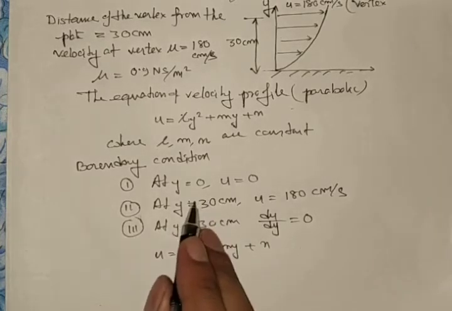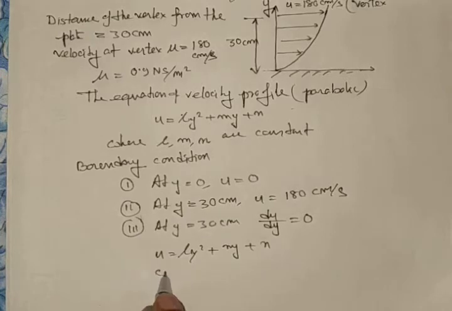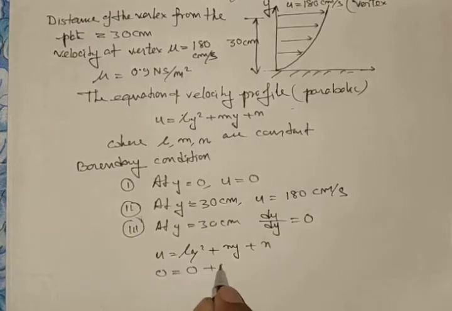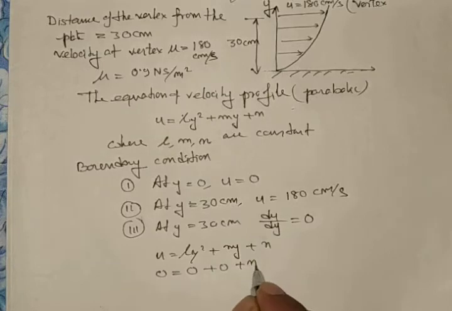So from the first, you will get this is 0, this is 0, so plus n. So from this, n is equal to 0.